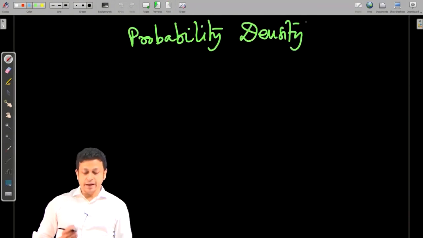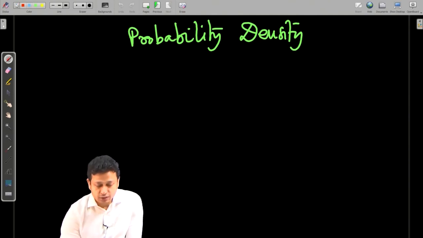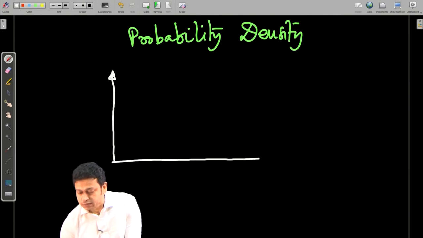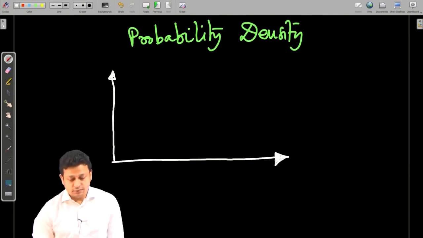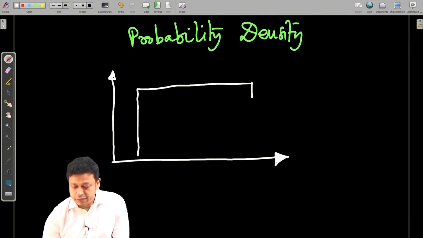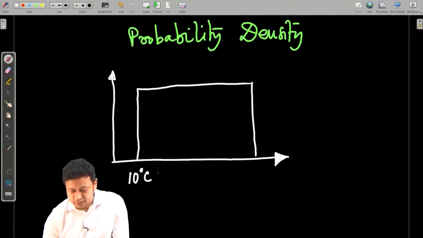Here we actually get a distribution. We get the area under a curve. Let us say the example is the temperature in Kharagpur, which can vary between 10 degrees Celsius and 30 degrees Celsius.